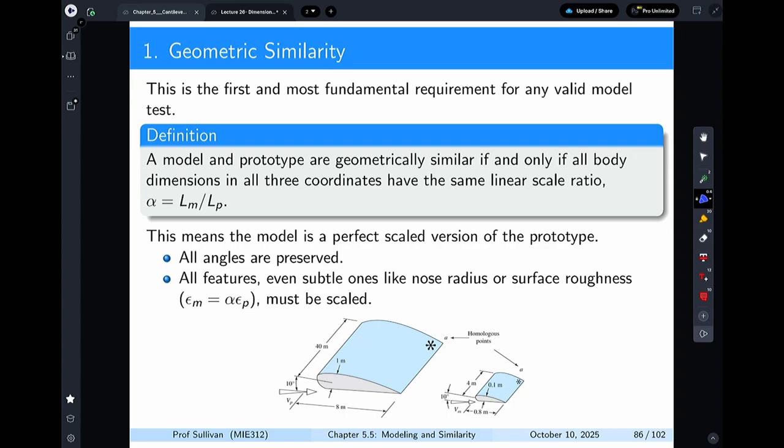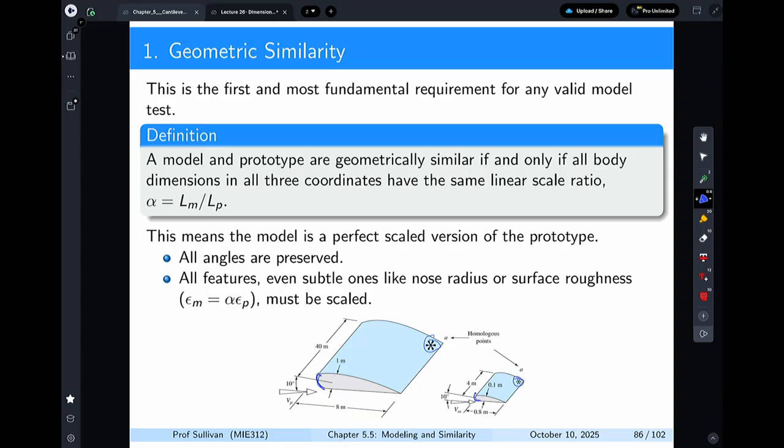So for example, with airfoils, which I do a lot, we try to match the curvature here. We match any sort of point where there might be something interesting. And all angles are preserved.